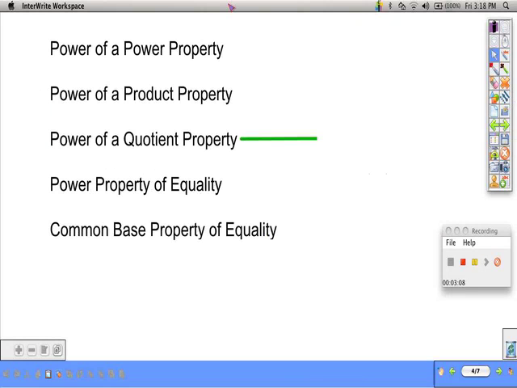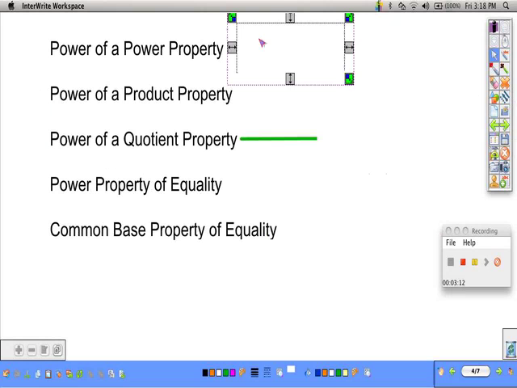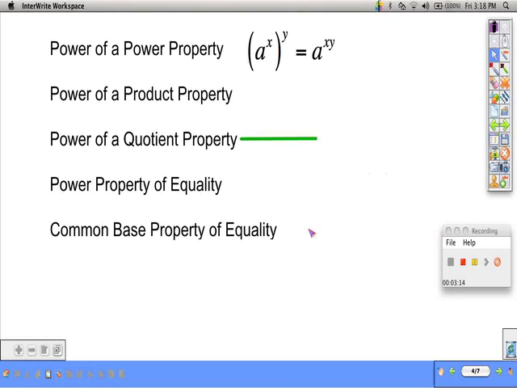5 more properties. If we have a power raised up to an exponent, we multiply those exponents together.